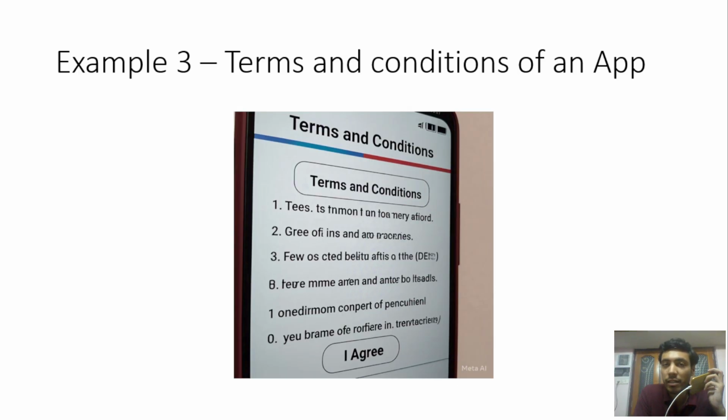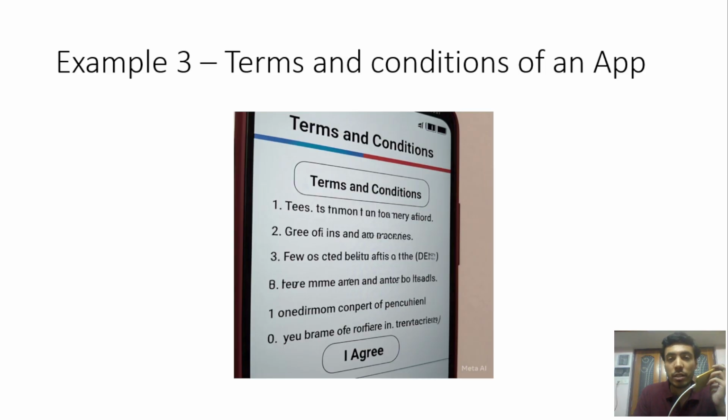The ideal situation is that you should read the conditions, but if you have not read them and have clicked I agree, then you have entered into a contract by clicking that. So these are the other types of contracts. The main point I am trying to convey is that we are surrounded by contracts. Knowingly or unknowingly, we enter into a lot of contracts in our daily lives.